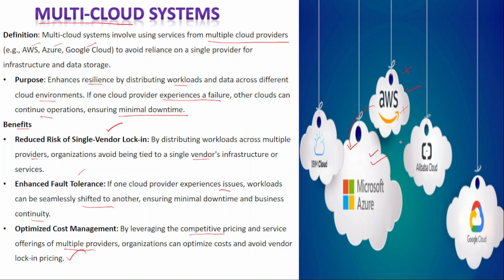And cost optimization means that, let's suppose AWS is providing a service that is costly, but the same service with similar efficiency and lower cost is provided by another cloud provider, you can always use the services of the cost efficient provider.